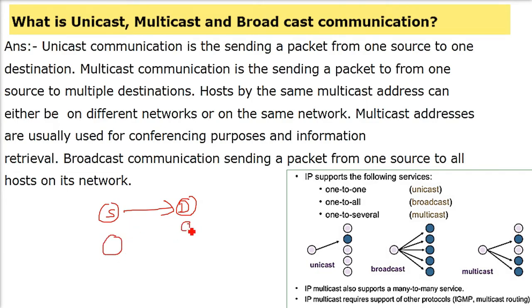When there are multiple systems and one party is sending to two of them, it may be in the same network, it may be in another network also, that is called multicasting. Now, when a device sends messages or communicates to all devices connected to it, that is called broadcast.